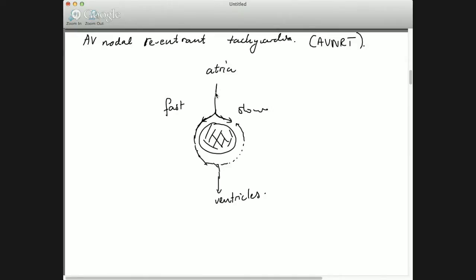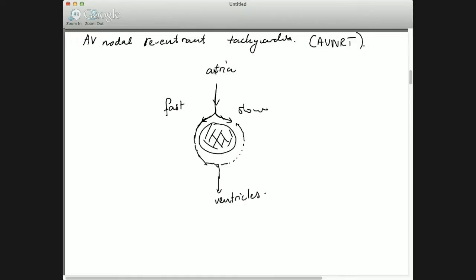An ectopic beat arrives here at the AV node. Let's suppose that during this time, one of your pathways has repolarized, whereas the other one doesn't. In fact, of these two pathways, one of them tends to repolarize more quickly than the other pathway.